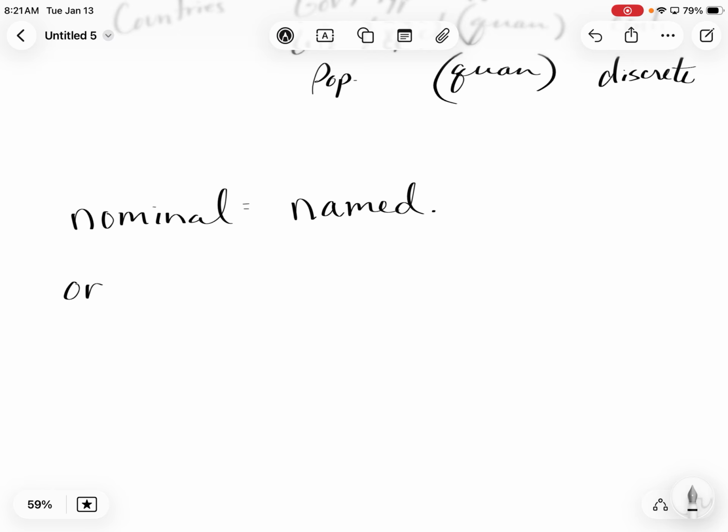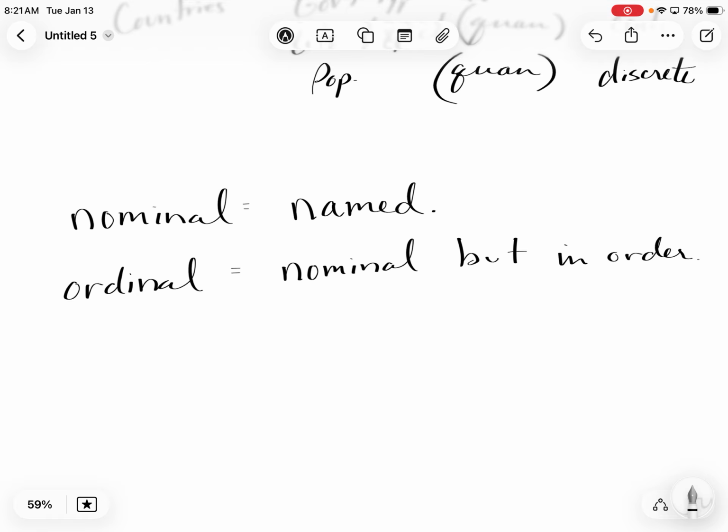Then the second one is called ordinal. What I equate this to, to help me out, is that ordinal looks like the word order, right? Do you see that at the beginning? Ordinal and order. If you put things in order, then it's ordinal. And it's still naming, it's still nominal, but in order.